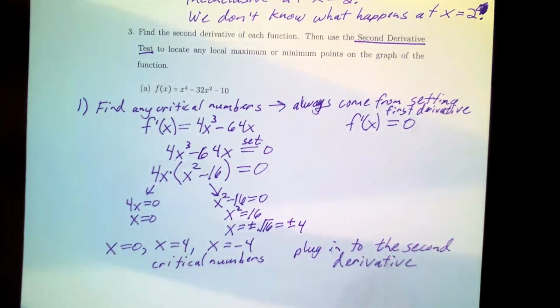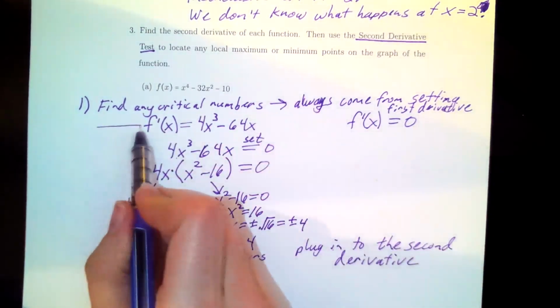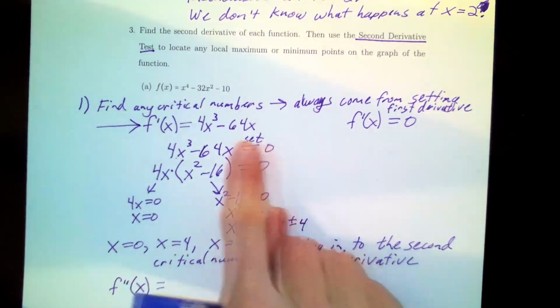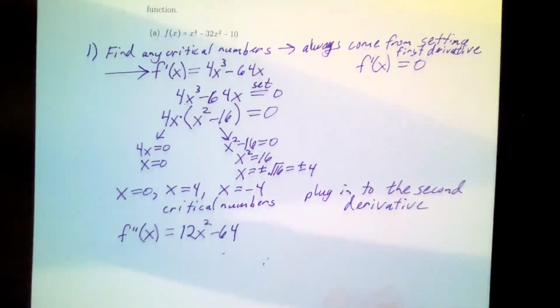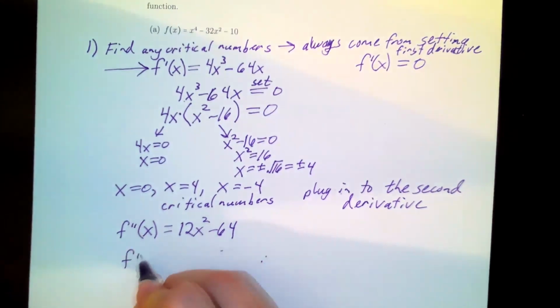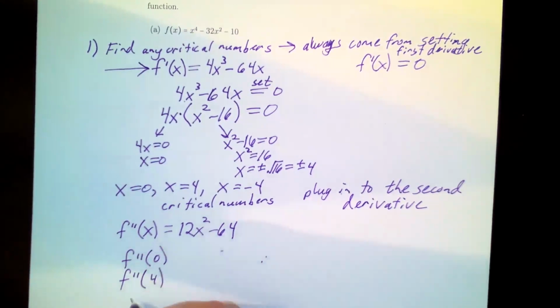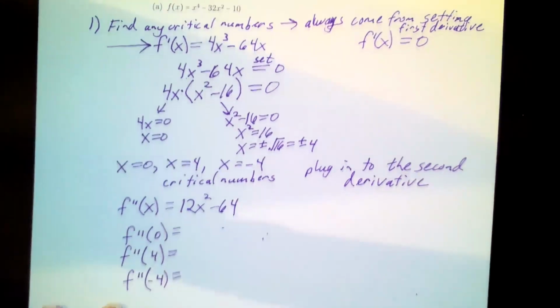So if I'm going to plug them into the second derivative, I need to find the second derivative. Come all the way up here, where you just took your first derivative, and take the derivative again. You end up with 12x squared minus 64. Take those critical numbers, all three of them, and plug them into the second derivative so that you can figure out whether your function is concave up or concave down at these critical numbers.